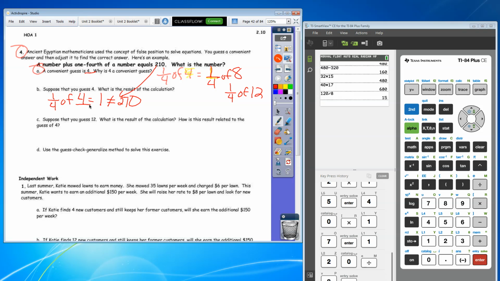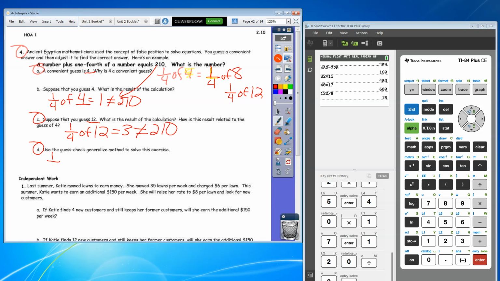Okay, so suppose your guess is 12. 1/4 of 12 is 3, and 3 is not equal to 210. So 12 is way too small. We have to go way bigger.